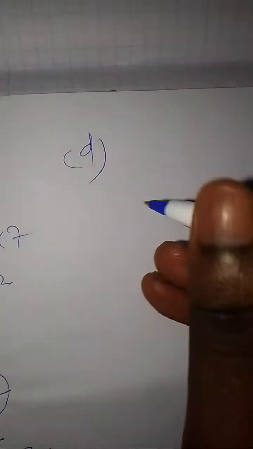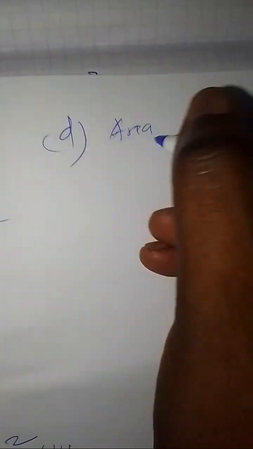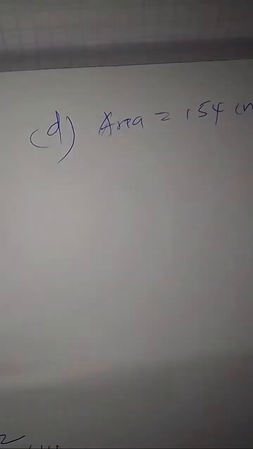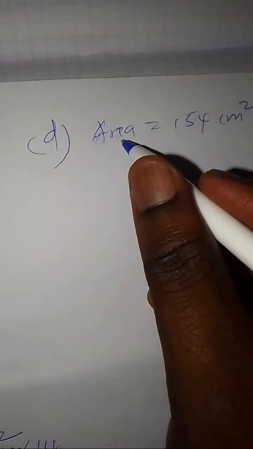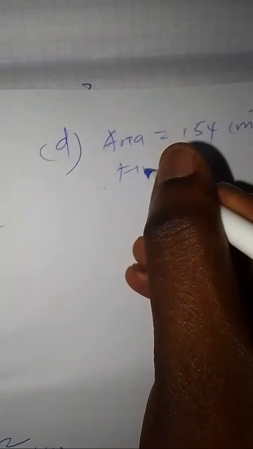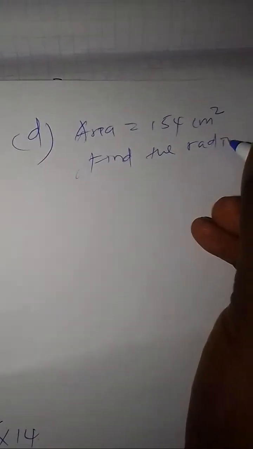So part D says that the area of a circle is 154 square centimeters. Now you are asked to find the radius.